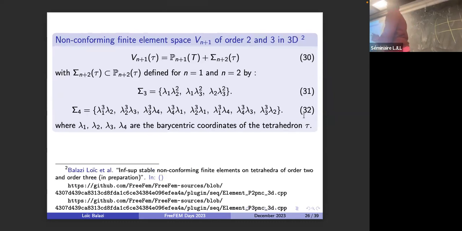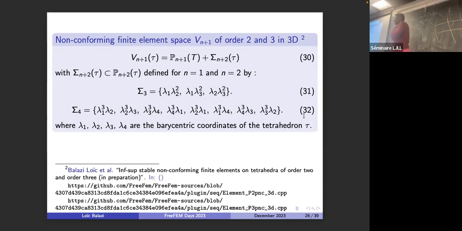But now, in 3D, such a finite element space does not exist. So during my thesis, I developed two families of finite element spaces, for order 2 and order 3. They are defined with the same principle. That is to say, it is Pn plus 1 plus a subspace of Pn plus 2, and the subspace is defined like this for order 2 and order 3.